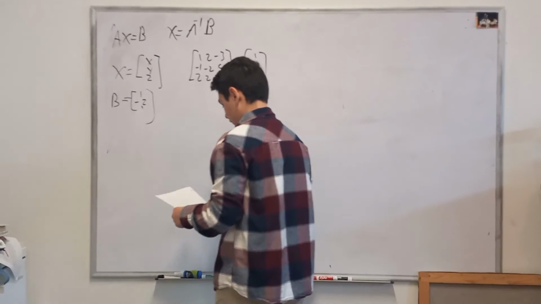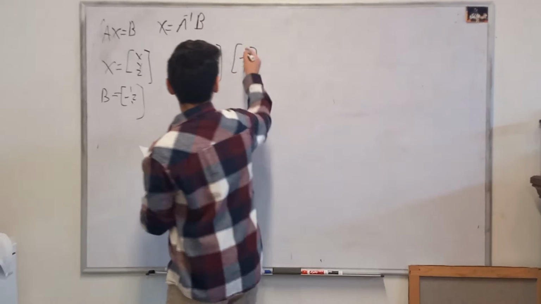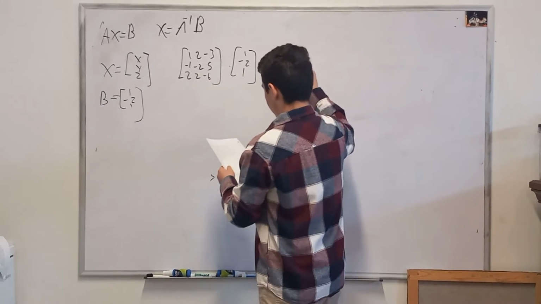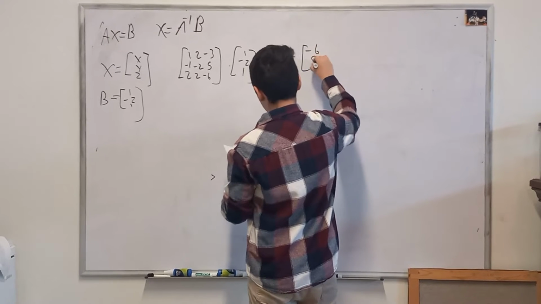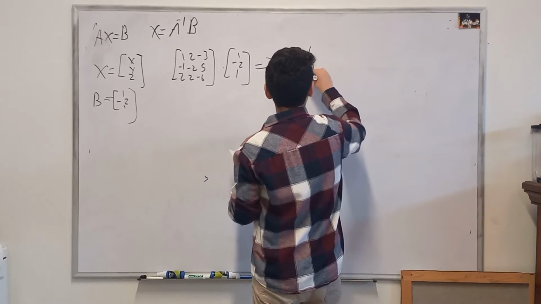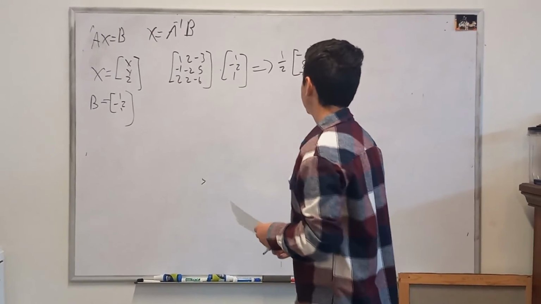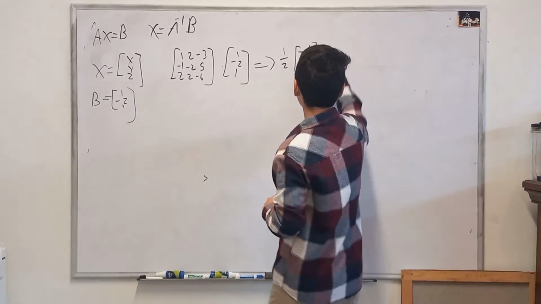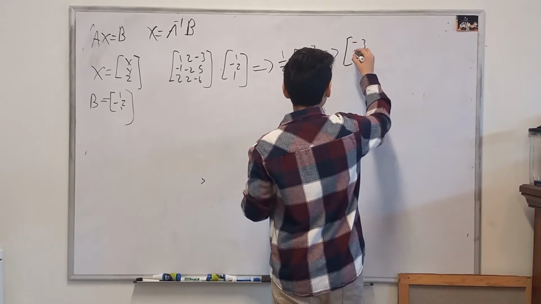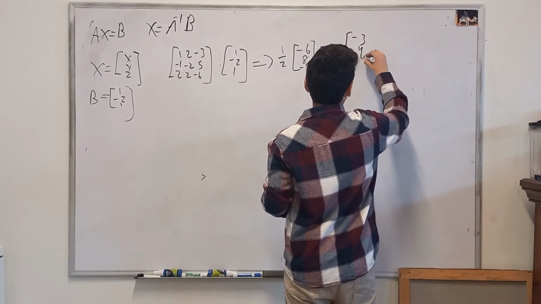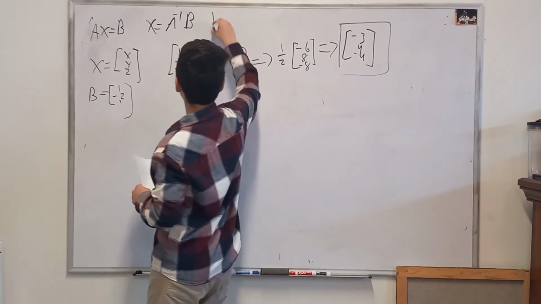Now we're just going to compute this, which gives you 1/2 times negative 6, 8, negative 8. Now we're just going to simplify this out. It'll give us negative 3, 4, negative 4. There you go, there's part B. It's self-explanatory.